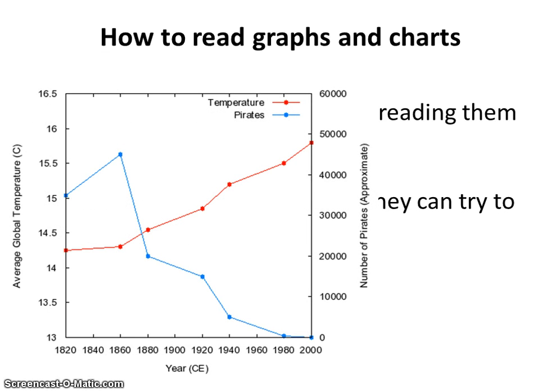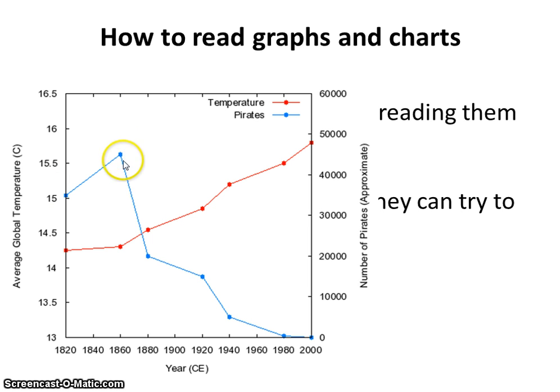For instance, this person here has put together two pieces of information that have no connection, but you could make a compelling argument using them. This red line here shows the change of temperature over time, the average temperature. This blue line here shows the percentage or population of pirates.